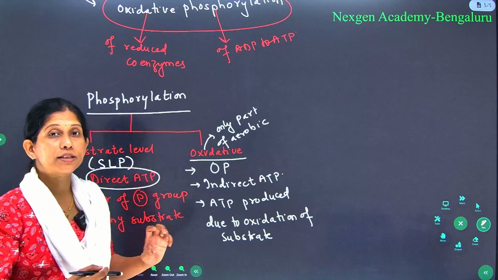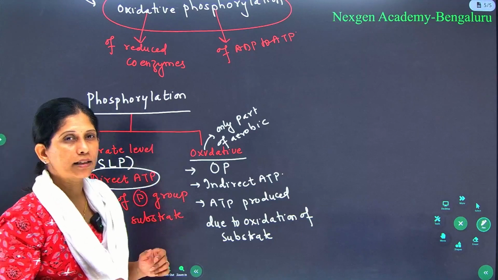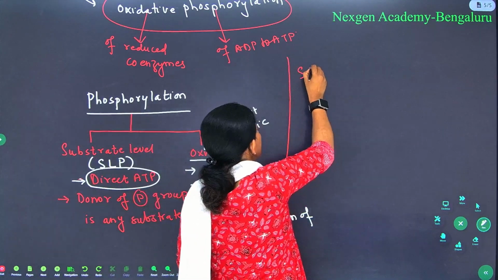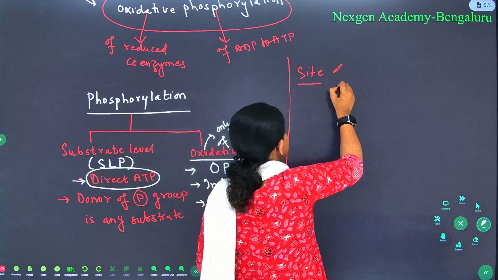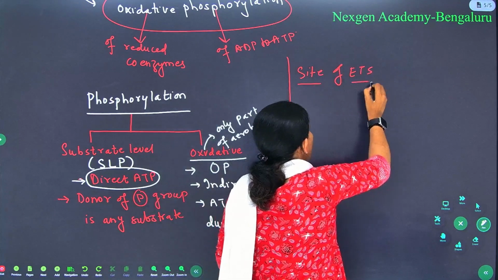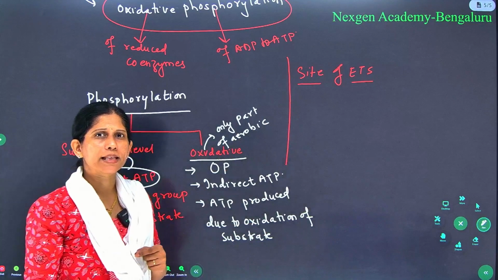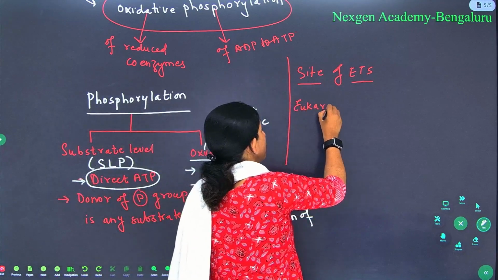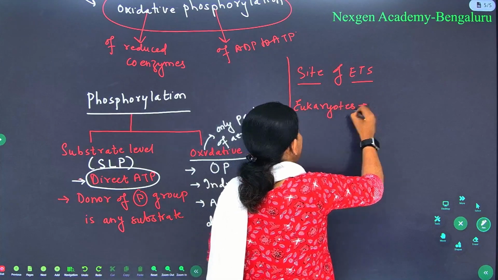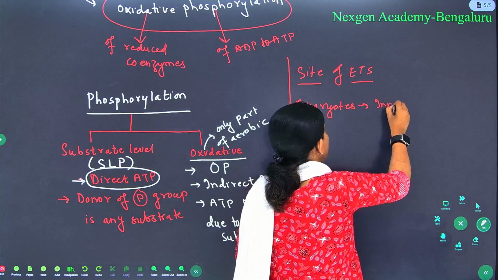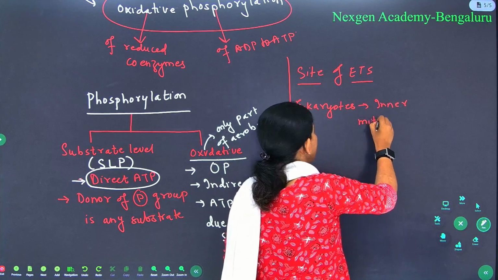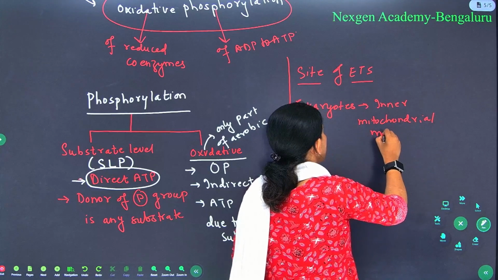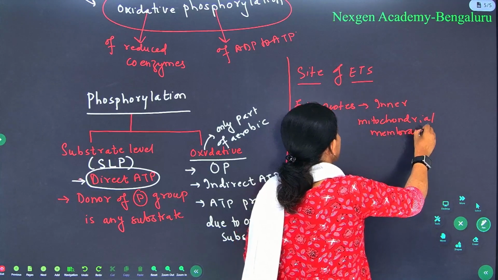Now we will talk about where exactly the process is happening. That means, what is the site of the electron transport system? ETS in eukaryotes is happening in the inner mitochondrial membrane, right?